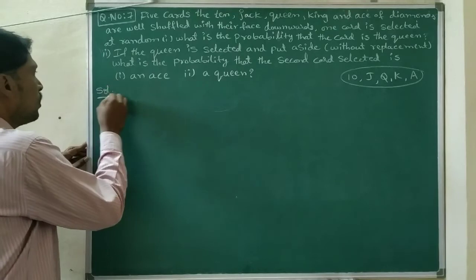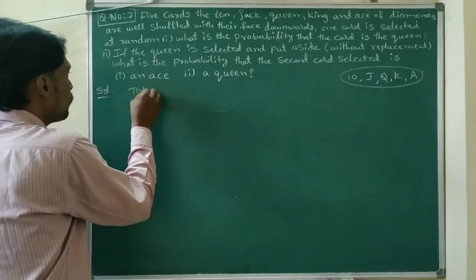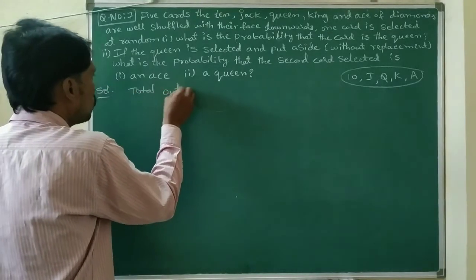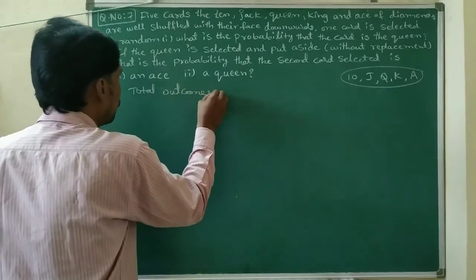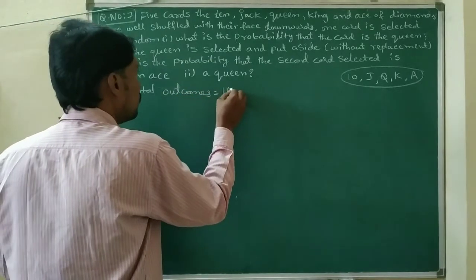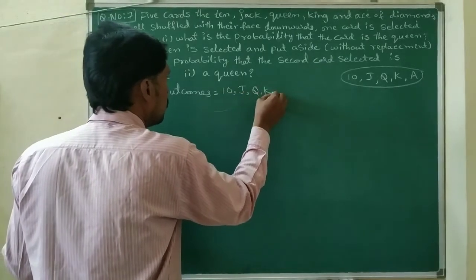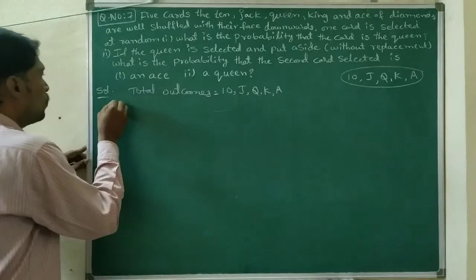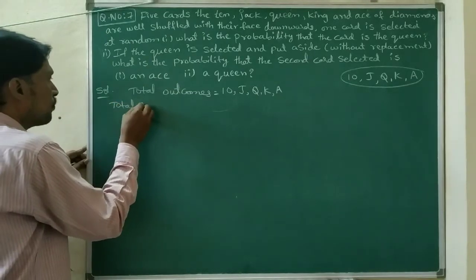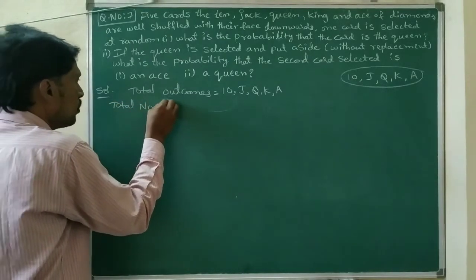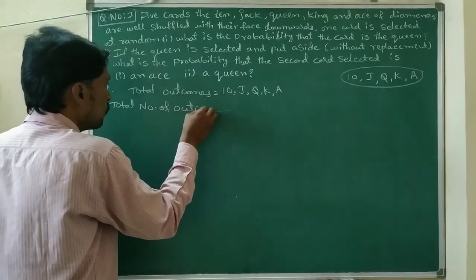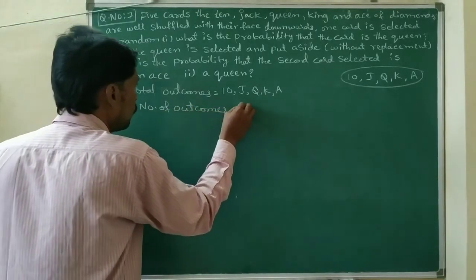So here, solution, total outcomes. What outcomes we can get? Once you can see here, outcomes are 10, Jack, Queen, King and Ace. Total number of outcomes equal 5.